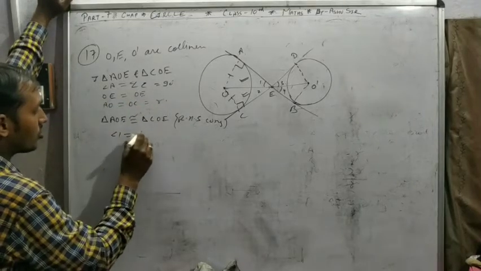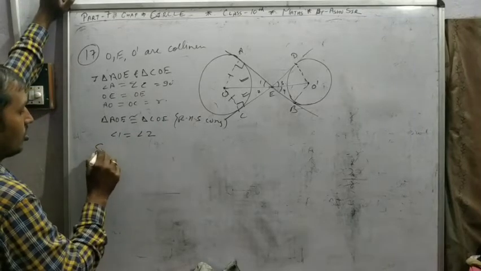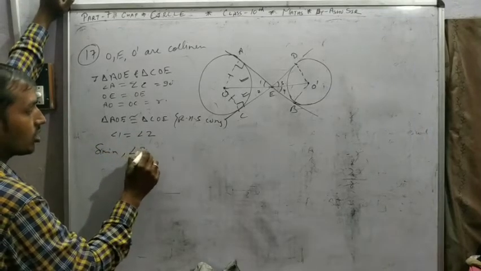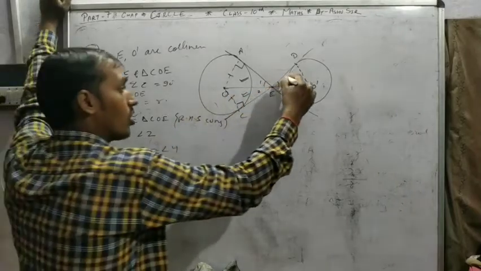So angle 1 is equal to angle 2. Similarly, angle 3 is equal to angle 4 in these two triangles.